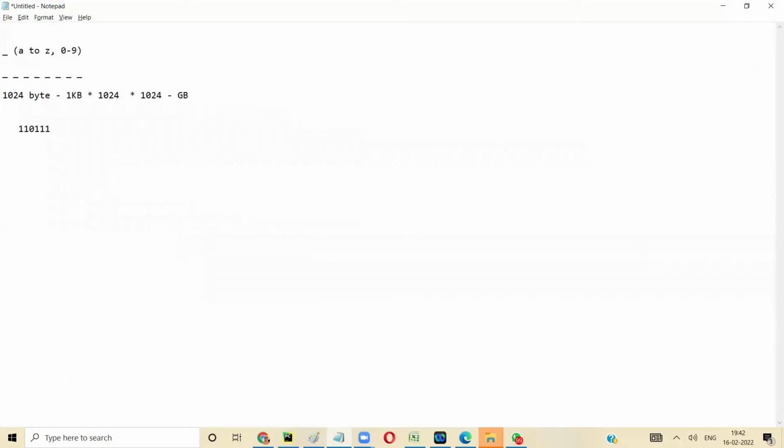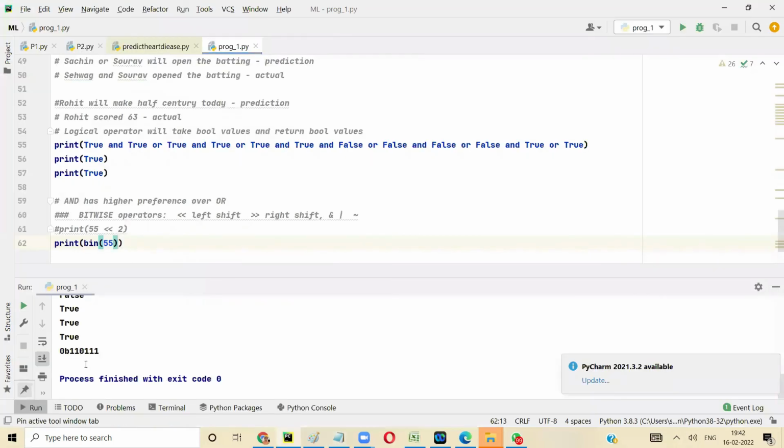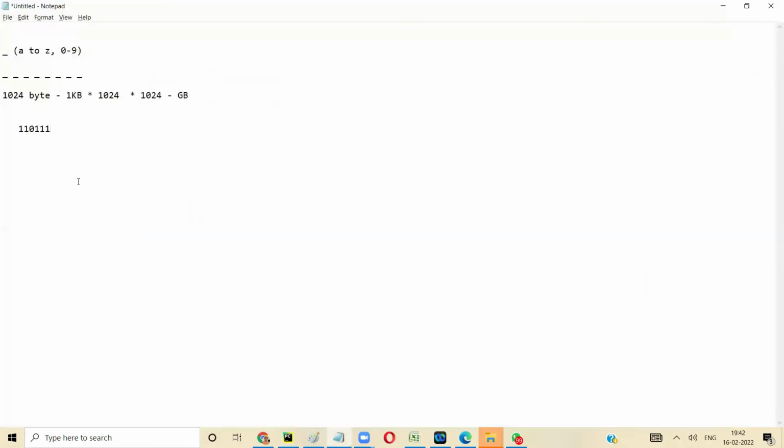Now I've converted 55 into bits, and I'm saying go towards the left 2 spaces, left shift 2. When you move a number to the left, what will happen? If you have 55 in decimal, one 5 is the unit, the other 5 is the tens. If I move to the left, the 10 will become 100, the unit will become 10, and you'll have a 0 here.